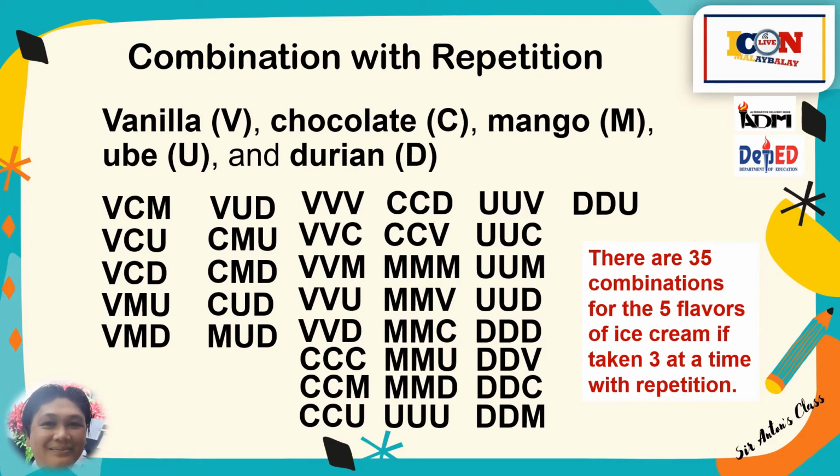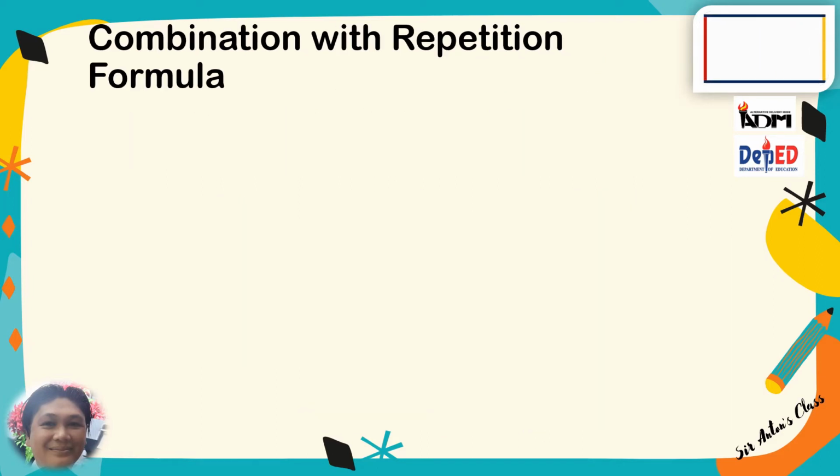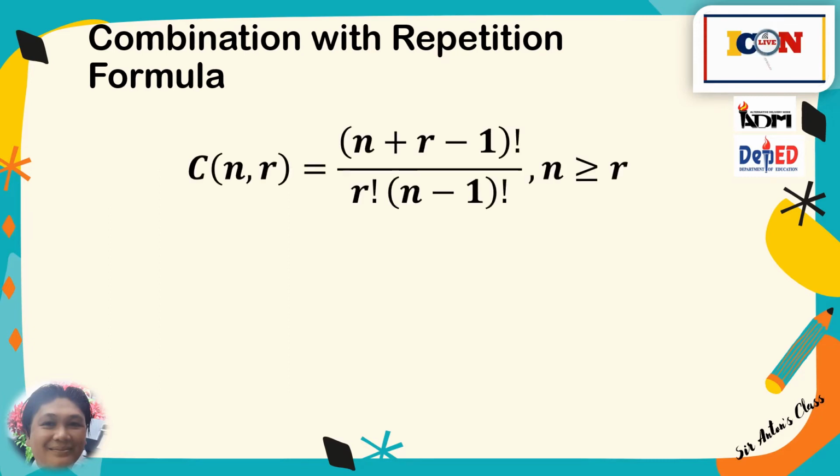Okay, so let us proceed to the combination with repetition formula. So this is our formula. The combination of n objects taken r at a time is equal to, our dividend is the quantity of n plus r minus 1 factorial, and our divisor, we have r factorial times the quantity of n minus 1 factorial, where n is greater than or equal to r.